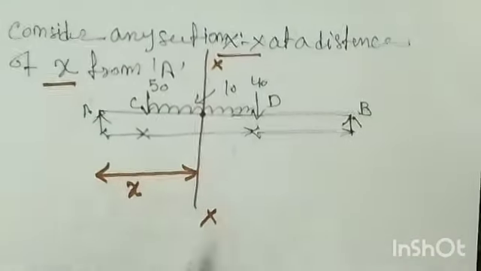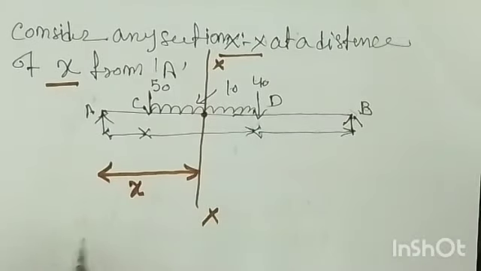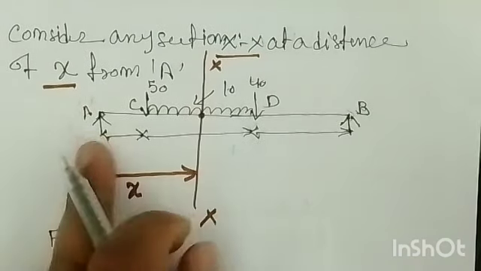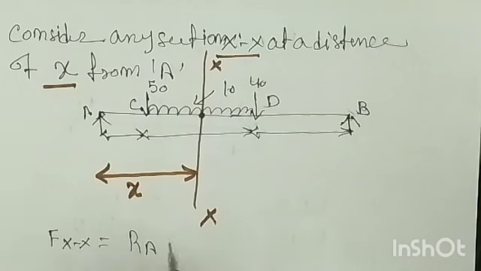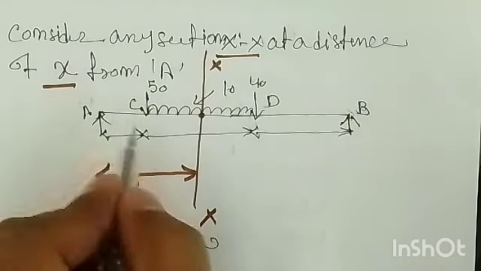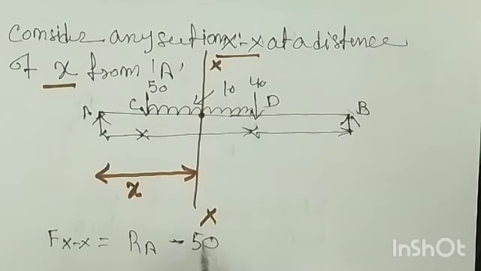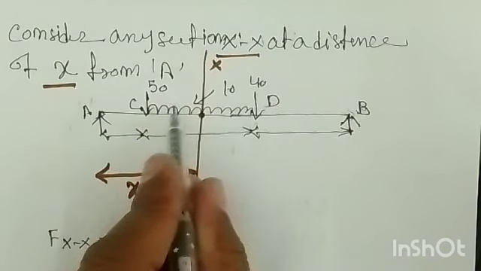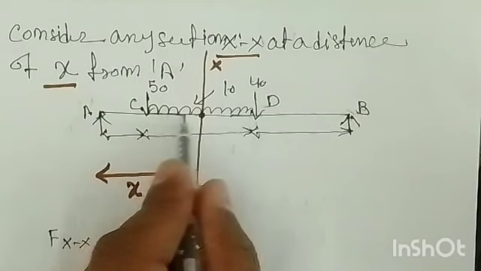So at this section we have to find the shear force. Fxx is equal to what? RA, this force vertically upward on the left side, minus 50, which is vertically downward on the left side, and the UDL of 10, but this distance we have to calculate.